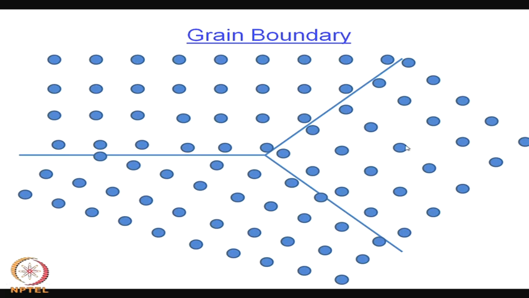The grains have a lower internal energy, whereas the grain boundaries are defective sites, and therefore they have a much larger energy per unit area. So, this is what we call a grain boundary. They are quite prominent and predominant in any polycrystalline material, whether it is ceramics, metals, or any other alloy.